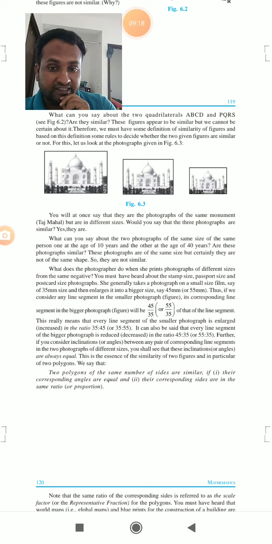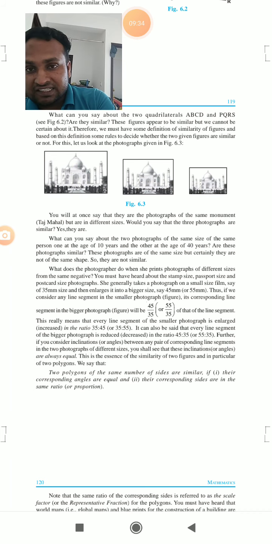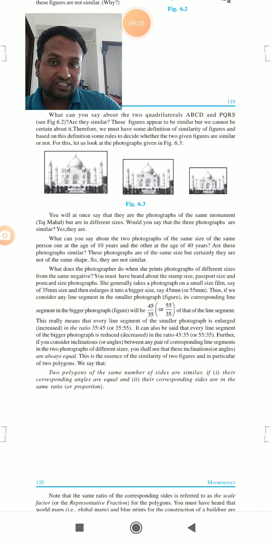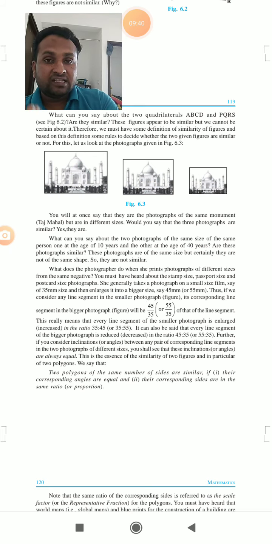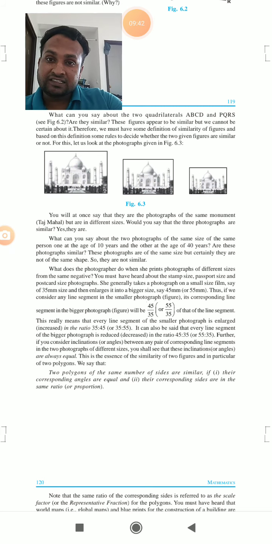The second condition is that their corresponding sides are in the same ratio. This is very important: the corresponding sides are in the same ratio, not the same length. Here it is 3 centimeters, there it is 9 centimeters.